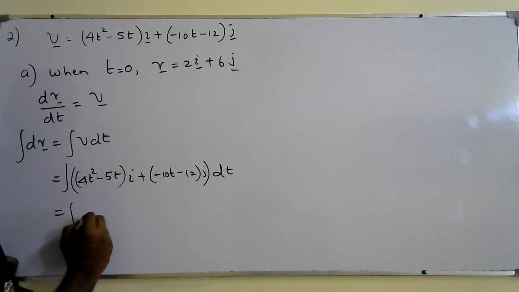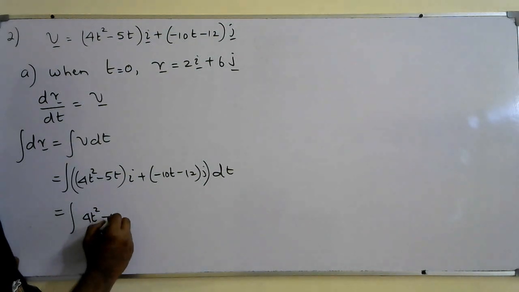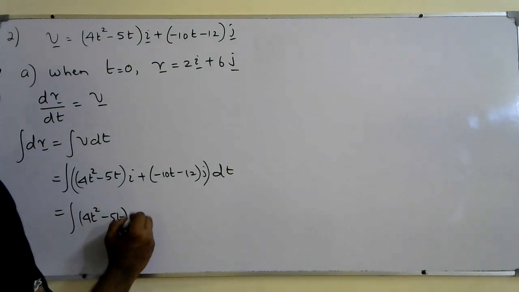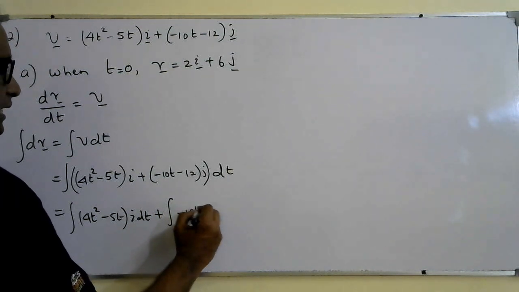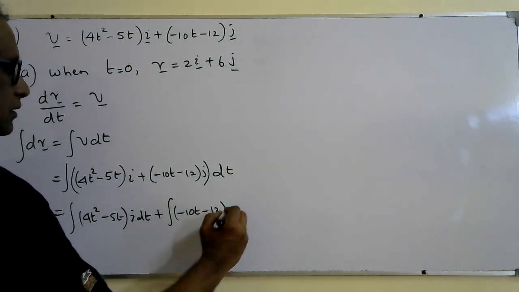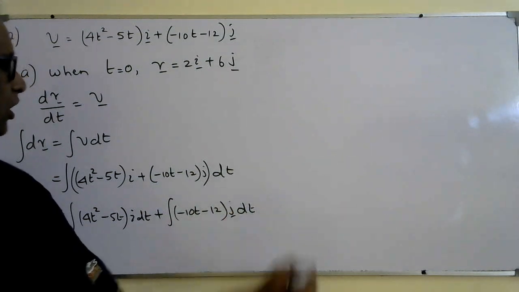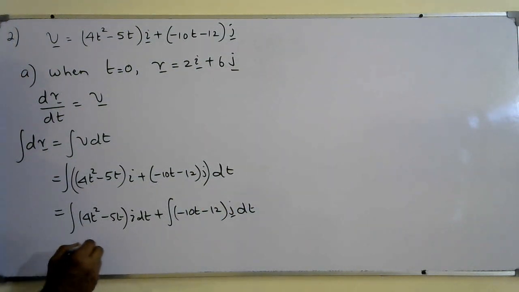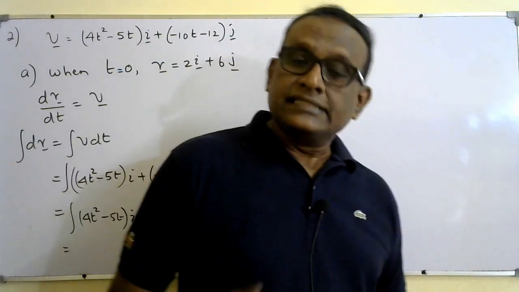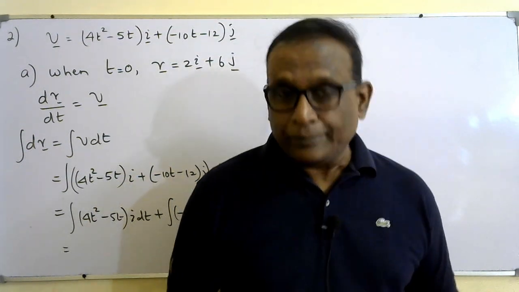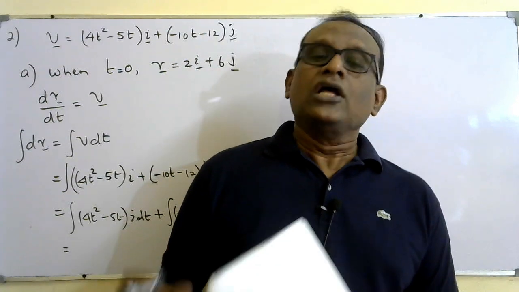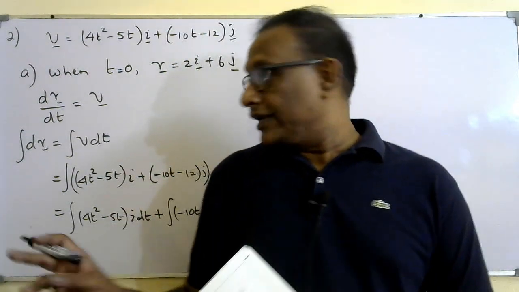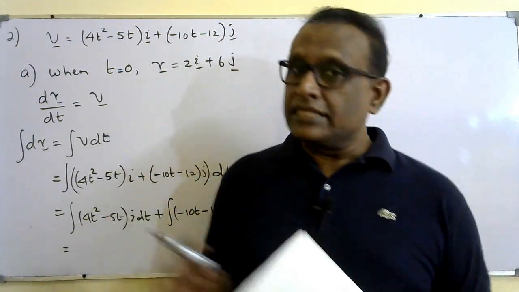So the integral of (4t squared minus 5t)i dt plus the integral of (minus 10t minus 12)j dt. When we integrate, we have to assign the constants for i and j separately, because i and j are independent vectors. They are perpendicular to each other. They do not depend on each other.